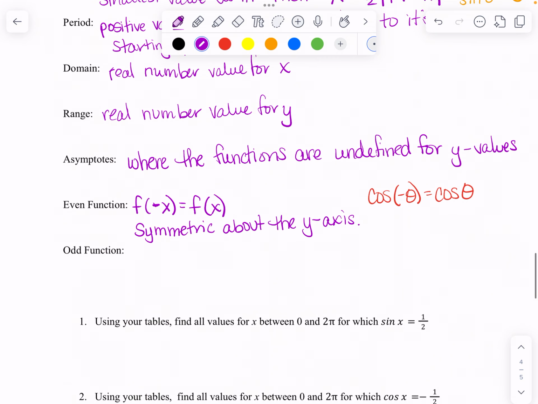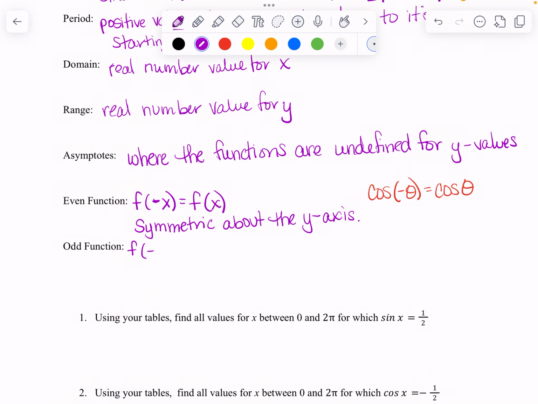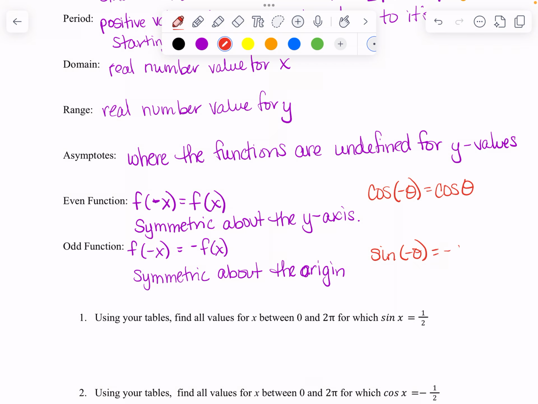Okay, odd functions. F of negative x equals negative f of x. It's symmetric about the origin. We talked about that in terms of sine. So the sine of negative theta is equal to the negative sine of theta. Remember the sign, S-I-G-N, matters to sine, S-I-N-E.